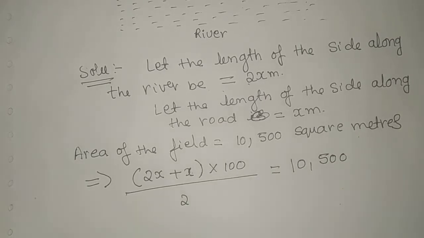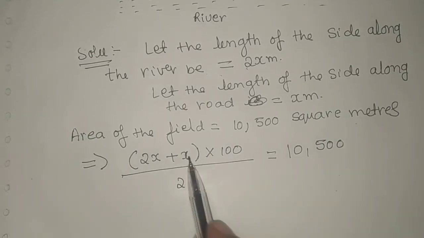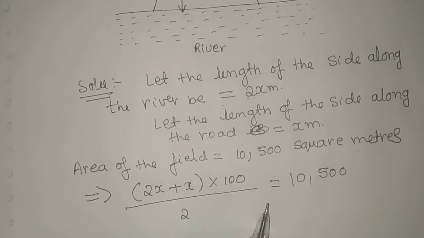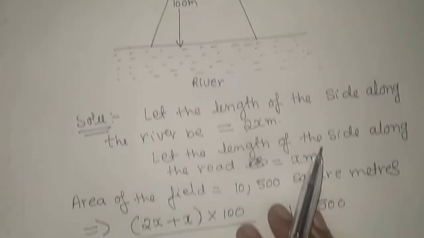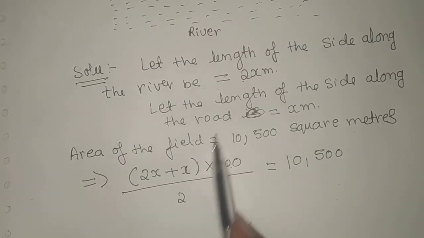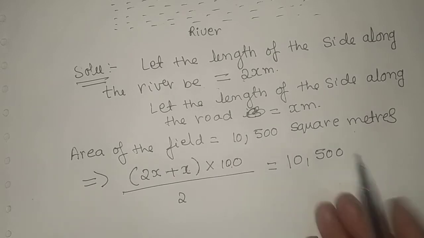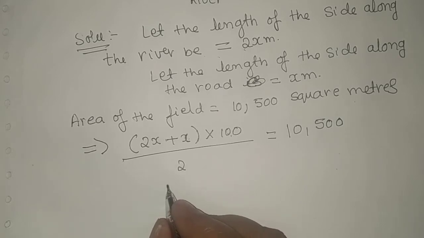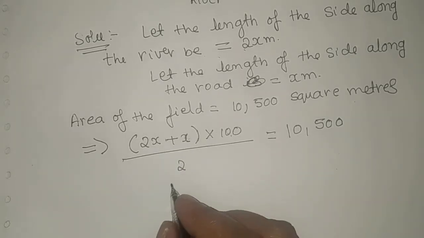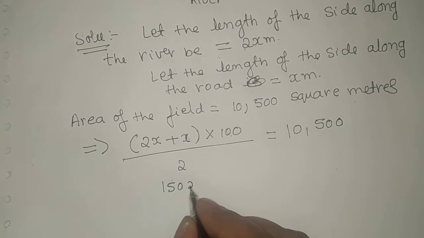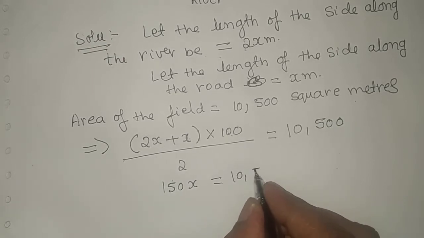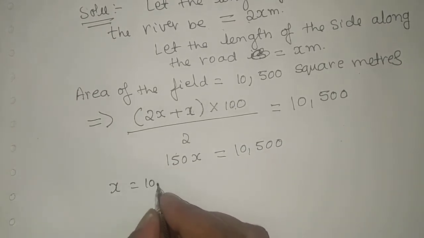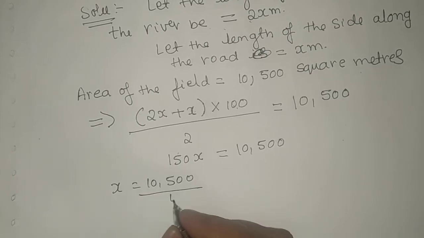So we substitute the area, which is given. 2x plus x, both the lengths added, into 100, that is the distance between the road and the river, divided by 2 is equal to area. Now we have to simplify this. What we get is 150x is equal to 10,500. Now x is equal to 10,500 by 150.